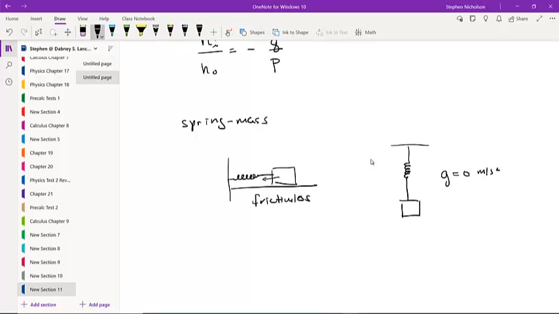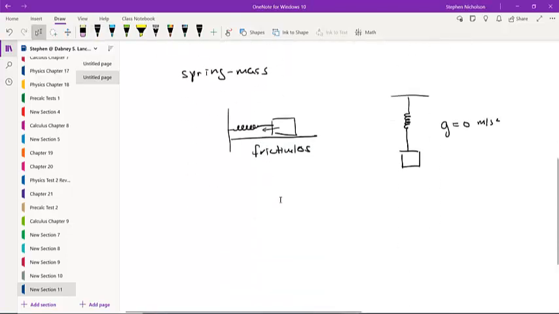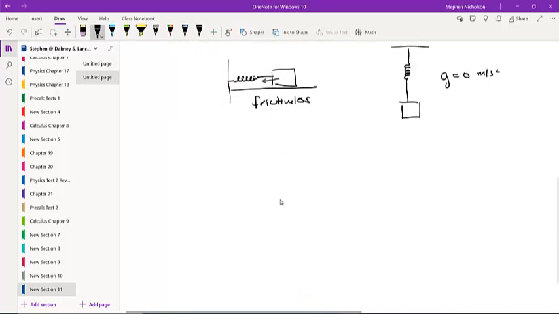And that interaction results in a harmonic x versus time, as well as a harmonic velocity versus time and acceleration versus time. And if you solve the second order differential equation, you find out that there is a relationship between the frequency at which the spring mass system oscillates and the spring constant and the mass. So that's the relationship.